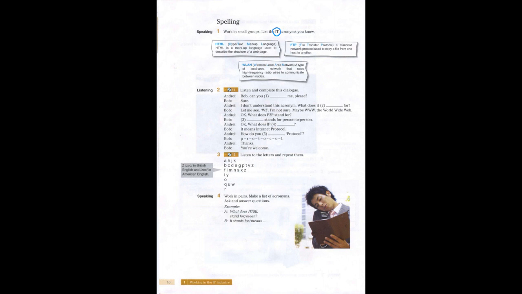This is a very important word. It is called acronym. What's the meaning of acronym? It means when you take the first letter of a group of words and you group them together to form one word.